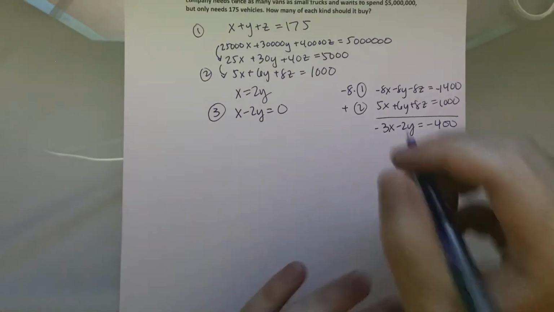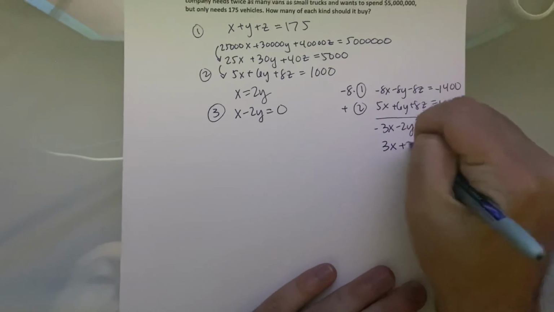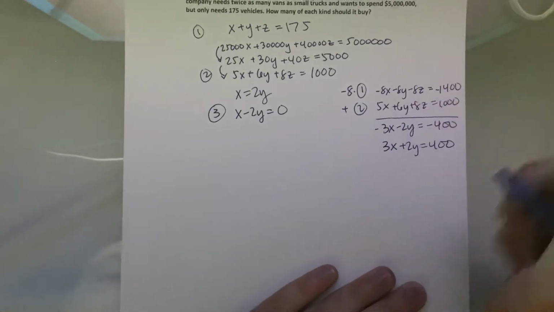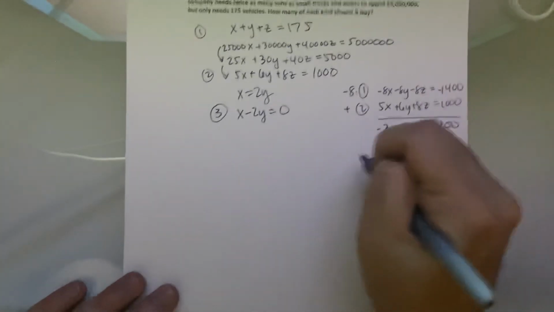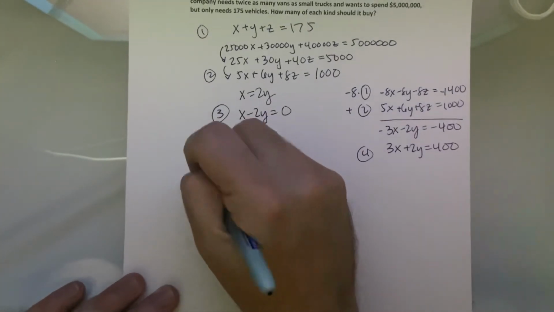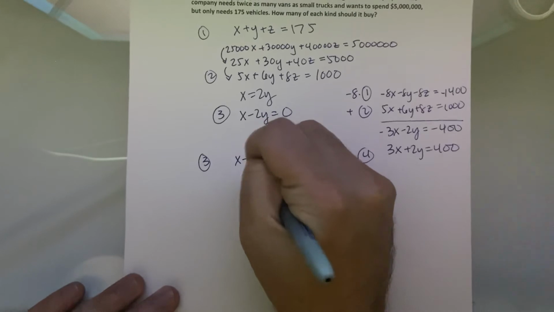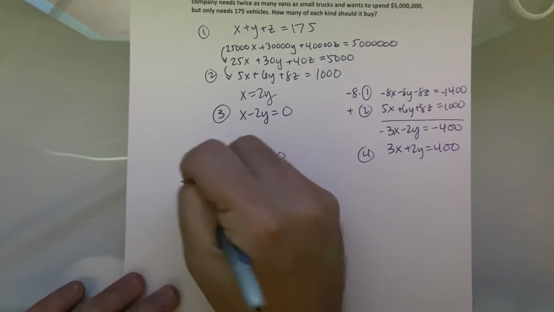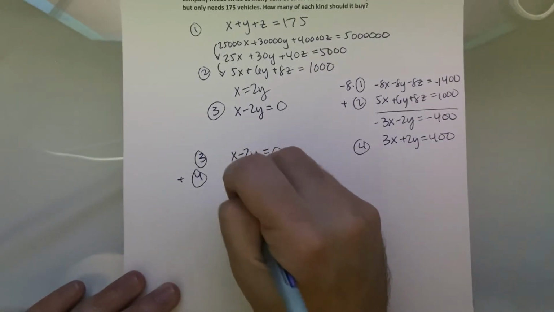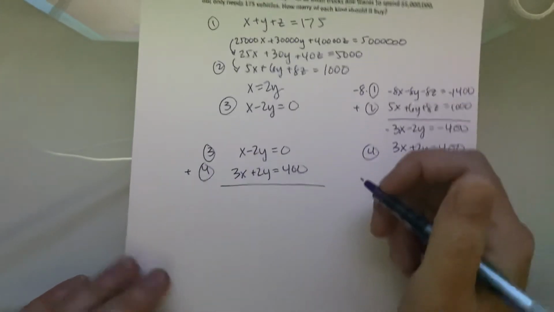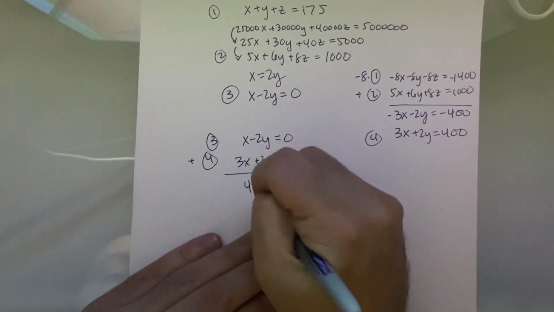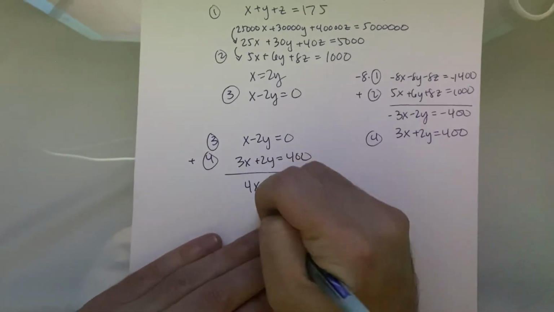This is easy to combine. If I make it positive, 3x plus 2y equals 400. I can combine it directly with x minus 2y equals 0. When I add them, 3x plus 2y equals 400 plus x minus 2y equals 0, I get 4x equals 400, which means x is 100.